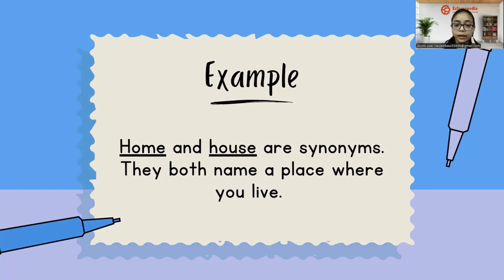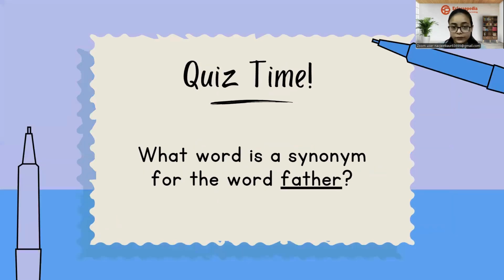They both name a place where you live. So you can say, I live in my home, or you can say, I live in my house. They both are synonyms. They both name a place where you live. So there is no difference between them because they both are synonyms and they are the name of the place where you live. Now it's the quiz time.